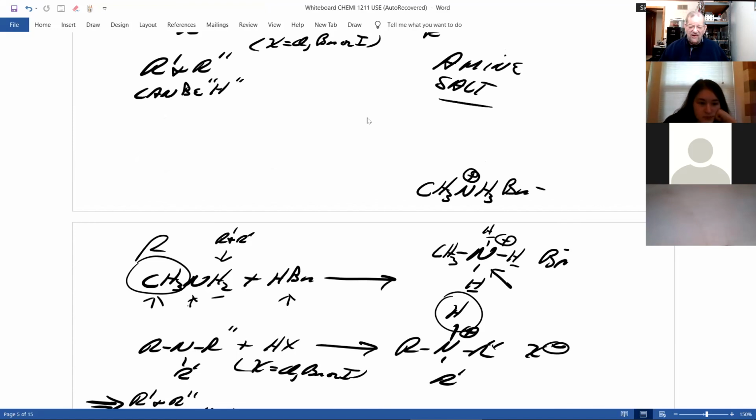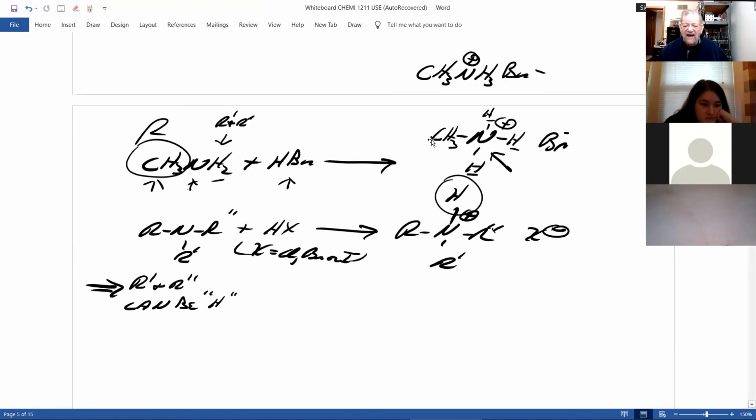Now, I'd like you to look at this amine salt. Like quaternary ammonium salts, amine salts have 4 groups on nitrogen. That's why I say for amines, 3 groups; for quaternary ammonium salts, and now amine salts, you can have 4 groups. Now they can be hydrogens or alkyl groups.